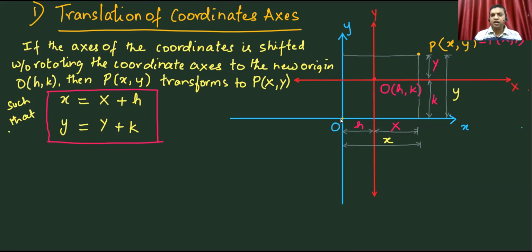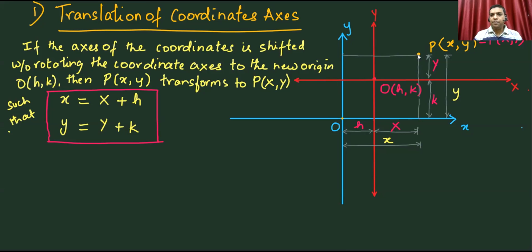This is the original set of coordinates. With respect to these coordinate axes, x-axis and y-axis, which we are representing by small x and small y, the coordinates of P are small x comma small y.